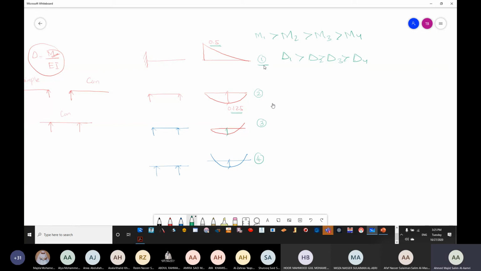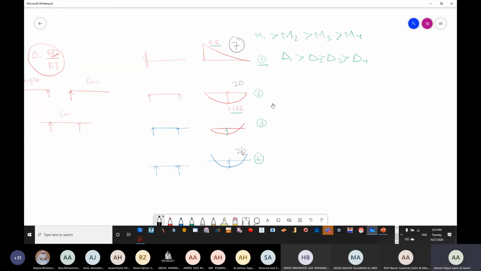Okay. Now to control the deflection, the code says you need to use a ratio of 7 only. Now, what does 7 mean, and what does 20 mean, and what does 26 mean?